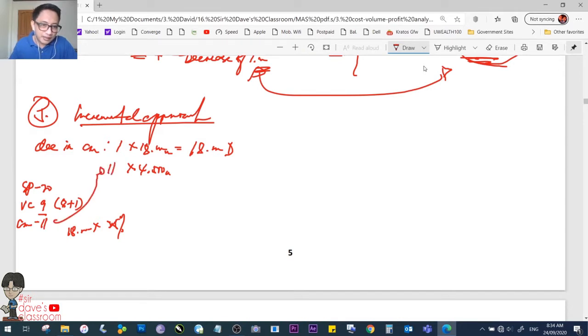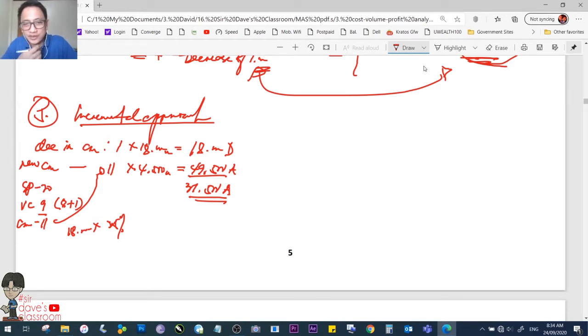So, 11 times 4,500 will be your new contribution margin as brought about by the implementation of the proposal in number 5. Ibig sabihin, this one would be 49,500 advantage. Obviously, implementing this change or proposal would be beneficial, 31,500 advantage. Should you wish to play with the numbers, sige, prepare ka ng two separate income statements. Then i-check mo. The difference must be an advantage or increase by implementing the proposal, 31,500.